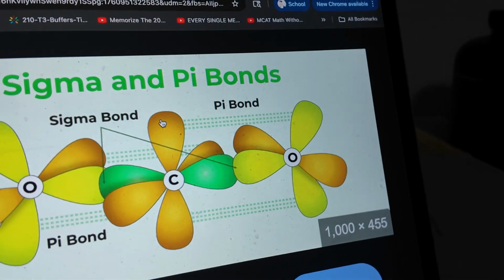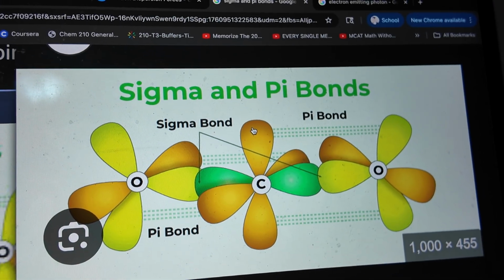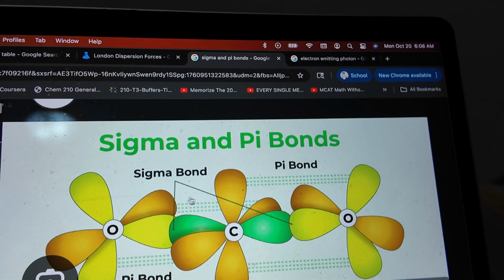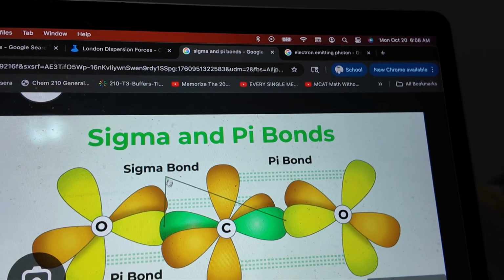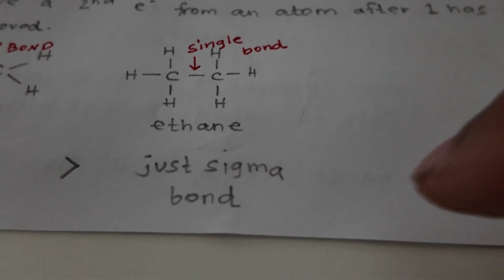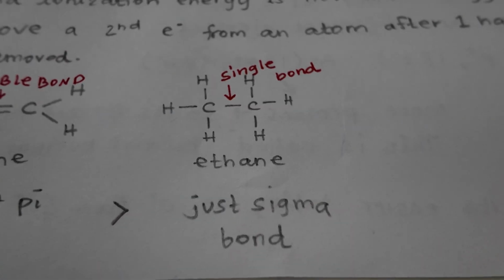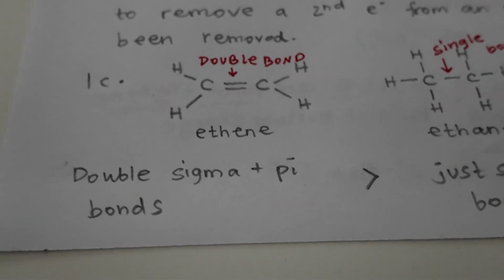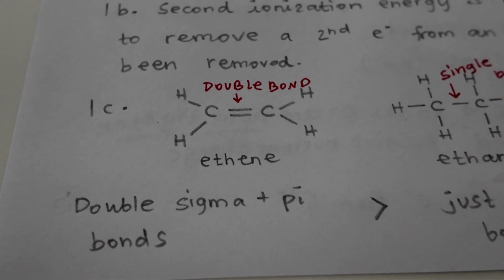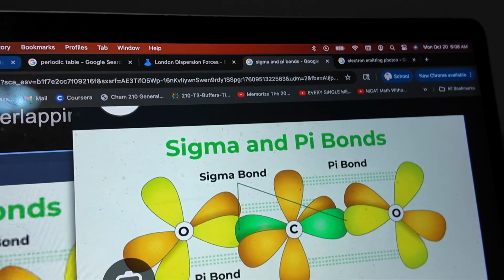So if you look here, these are sigma bonds and pi bonds, right? So right here is a pi bond, and right here is a sigma bond. But when you have a double bond, you have both. You see? So here, this just has a sigma bond, and this one has a sigma bond and a pi bond, making its bond a lot greater. Okay, moving on.